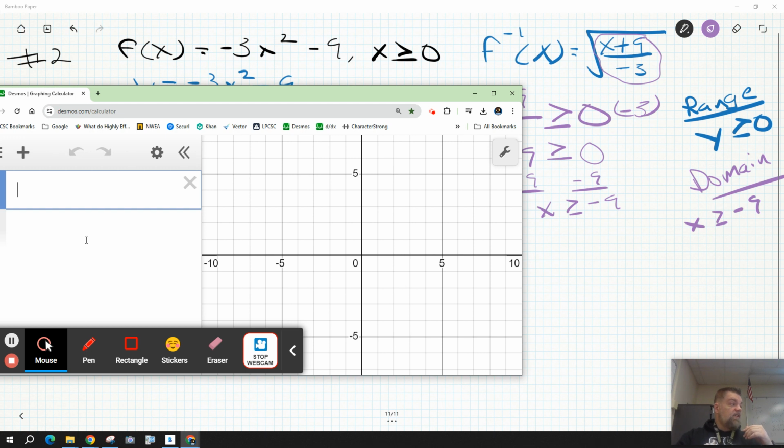But now I have to define the domain. Dang it. All right. We said that x has to be greater than or equal to negative 9. Now, the calculator already knows that because you could see that that's how it was graphing it anyways.